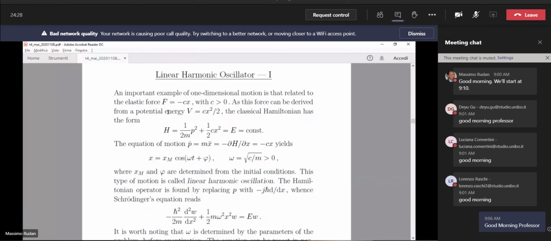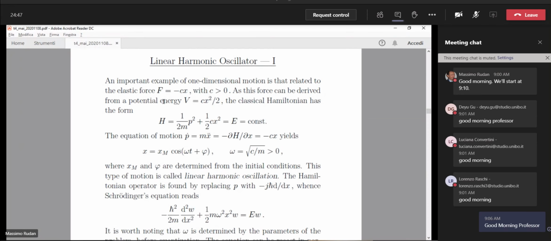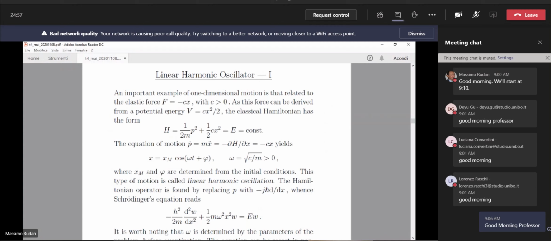We can treat the motion of the atoms in a crystal using quantum mechanics by simply replicating the outcome of the calculation that we are now going to start. And the same thing applies for the electromagnetic field. So the quantization of the electromagnetic field becomes possible right after we solve the problem that we are facing today.